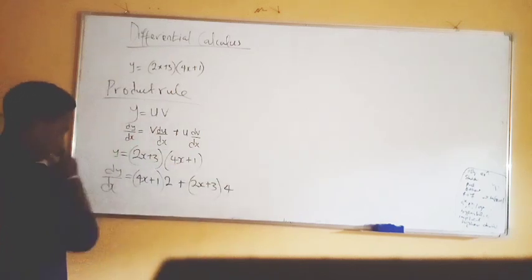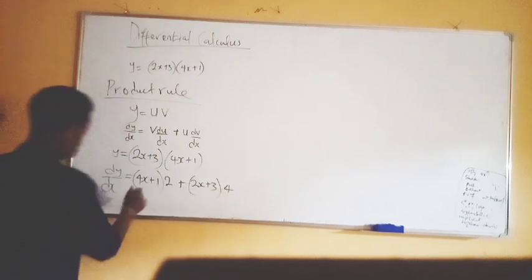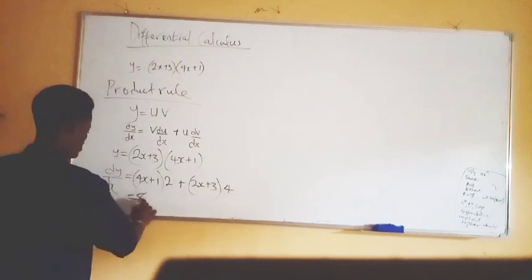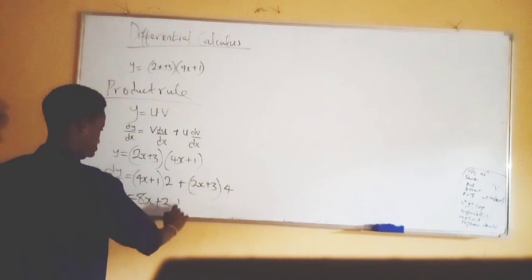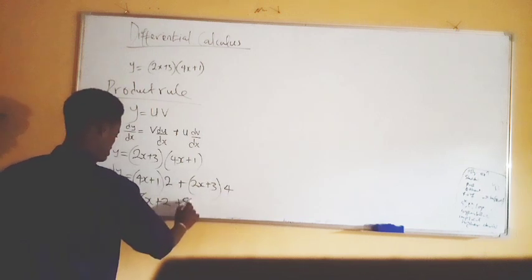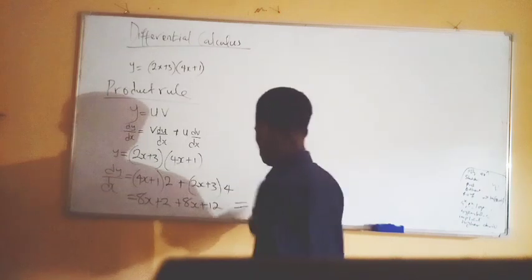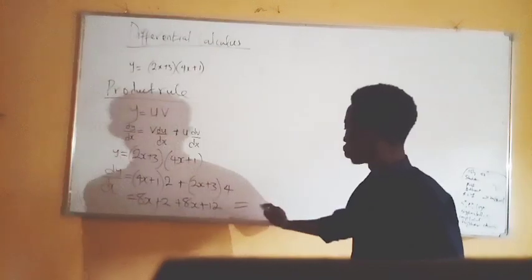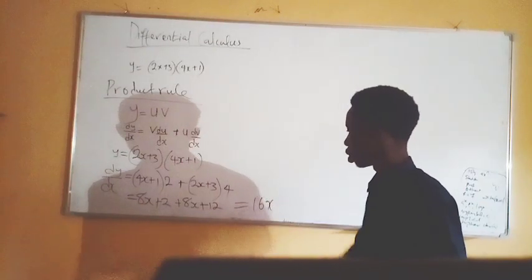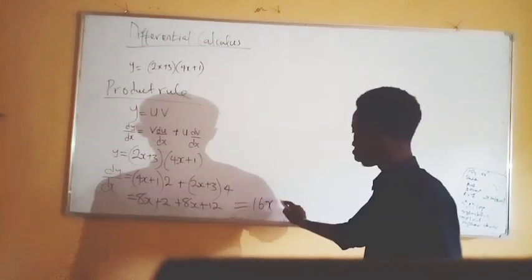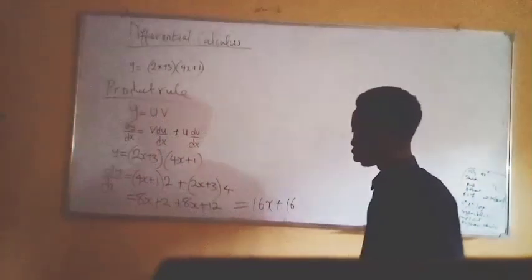So, having done that, we now open up the expression. This is 8x plus 2 plus 8x plus 12. That gives us 8x plus 8x is 16x. 2 plus 12 is 14.